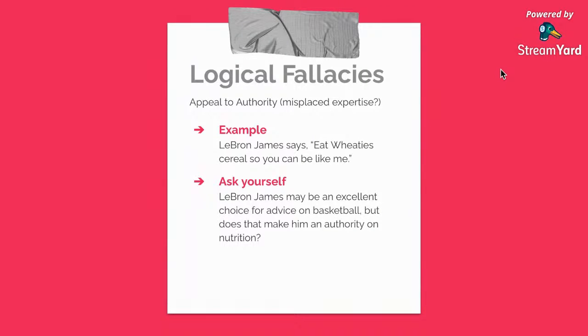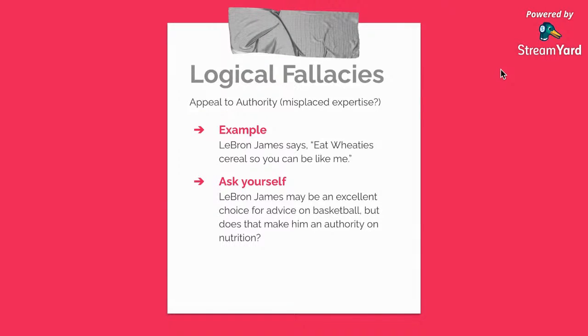The next is appeal to authority, or misplaced expertise. For example, LeBron James says, eat Wheaties cereal so you can be like me. Some of you are out right now running to Kroger or Walmart to get your Wheaties because you love LeBron. But you need to ask yourself, LeBron is probably an excellent person to give you advice on basketball, right?